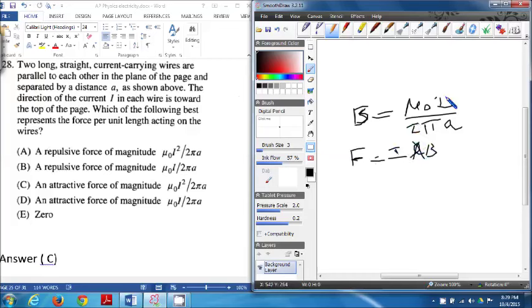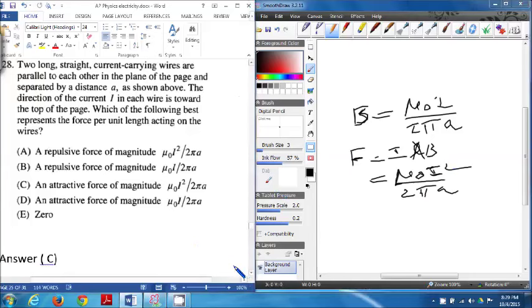So that is how we get the force as mu0 I squared by 2 pi a, where a is the spacing between the two wires. So that is how it is an attractive force of magnitude mu0 I squared by 2 pi a.